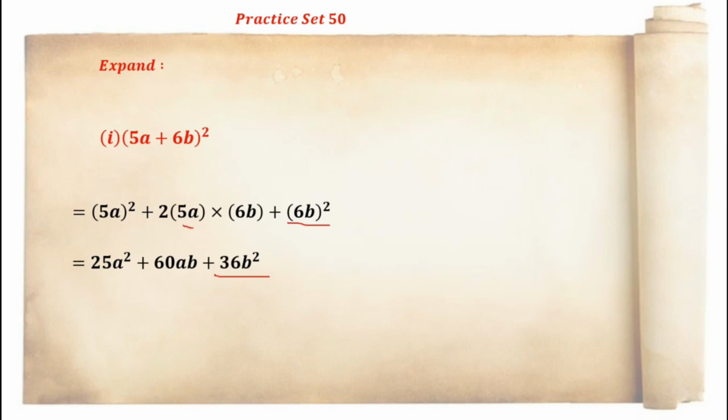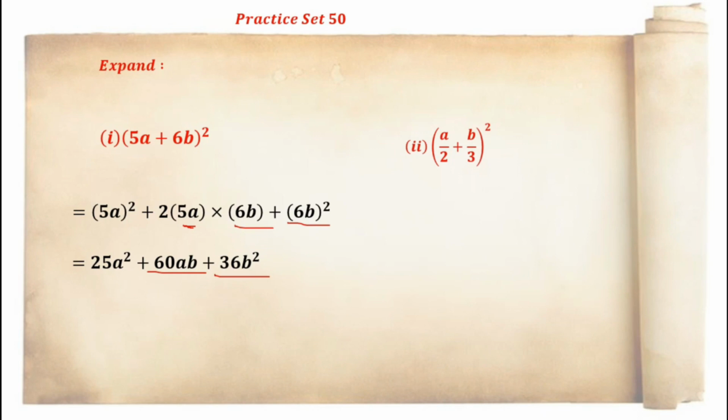So here you observe that 5a and 6b, so 5 into 3 will be 30, and 30 is multiplied by 2 will be 60. So here you will see that 60ab is here, okay. So like this you can do the question very easily.